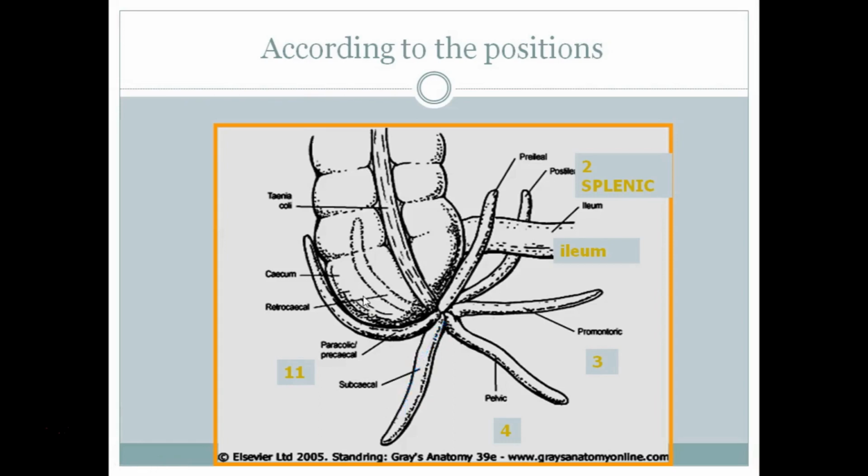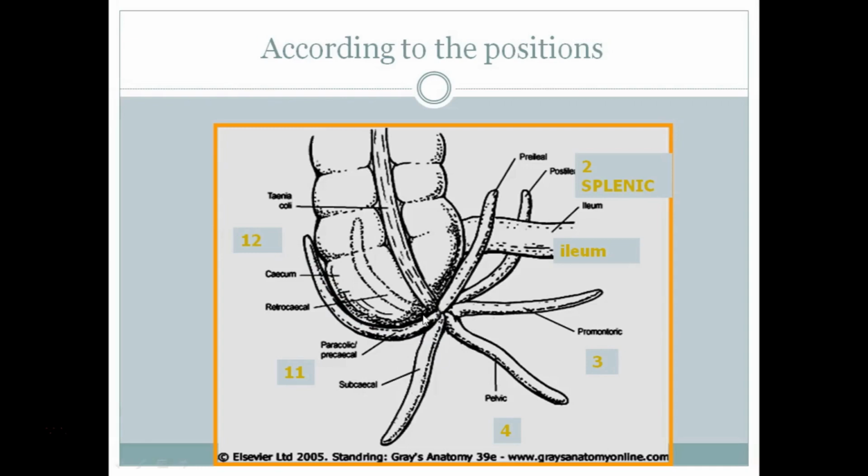And then we have the 11 o'clock position, that is the retrocecal position. This is the retrocecal position, which is going upwards behind the cecum. This is marked, this is the inguinal position.